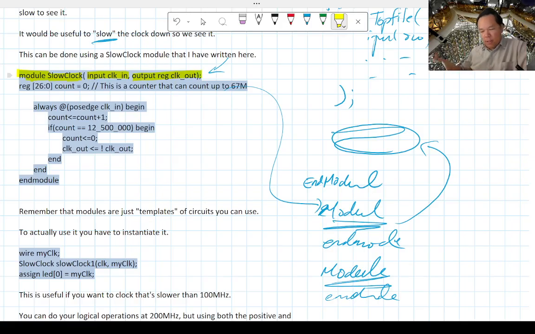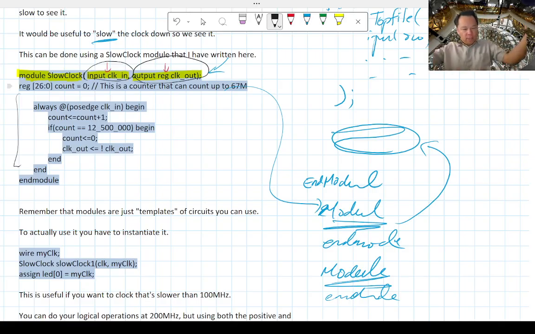These can be inputs, outputs, or registers. Okay. So this is an output register. This is just a regular input wire. Okay. So now inside this module, all you have access to are these two things. You can only use those two things that can communicate with the outside world.